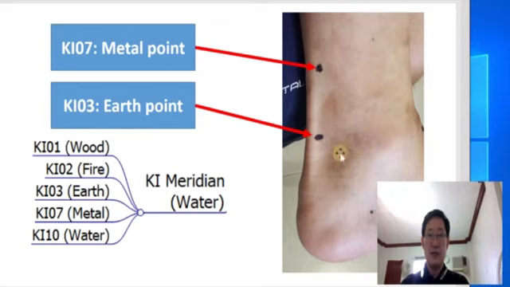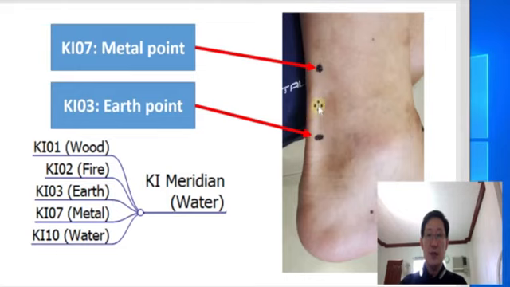Usually we said around here, but recently here is more powerful, so I make this one. A little bit going up, the more shallow point here, so here is KI03.